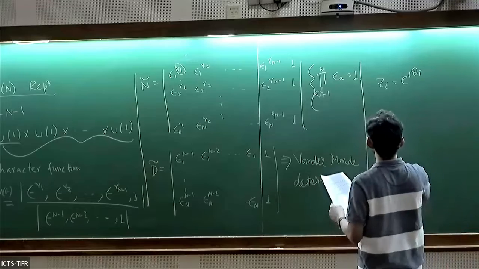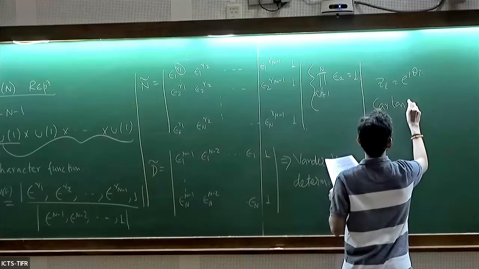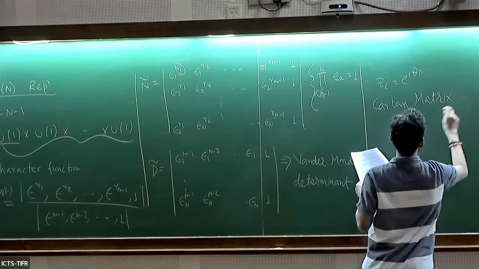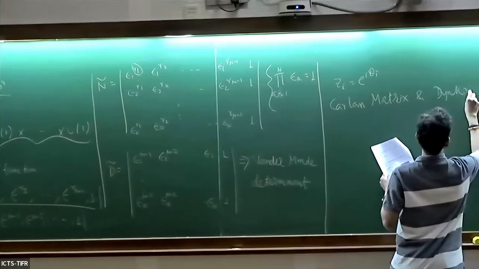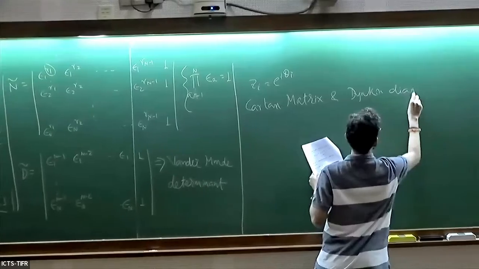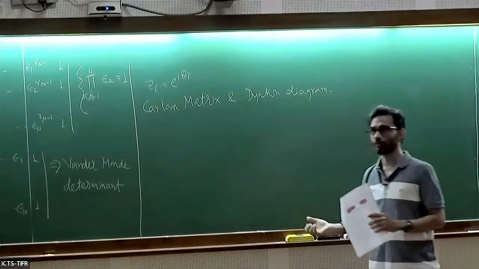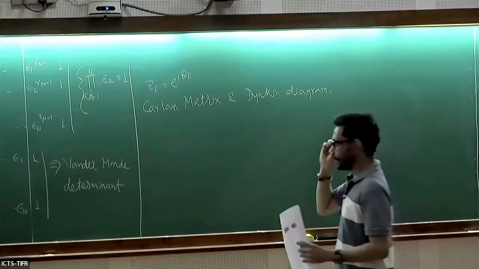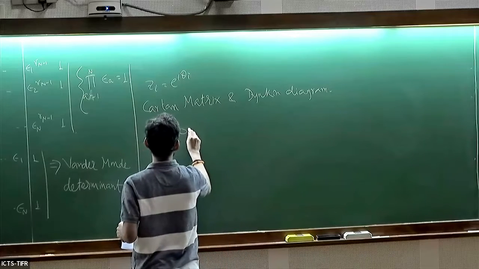To do that, we have to take the help of something called the Cartan matrix and Dynkin diagram. If you know the Cartan matrix, you can draw the Dynkin diagram, or if you know the Dynkin diagram, from there you can write down the Cartan matrix. So what is the Dynkin diagram for SU(N)? It's very simple.